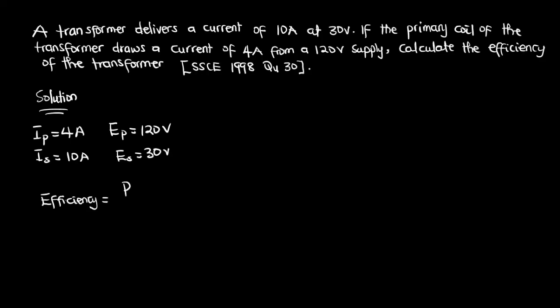is equal to power output over power input multiplied by 100, right? Now power output is equal to the product of the voltage in the secondary coil multiplied by the current in the secondary coil.